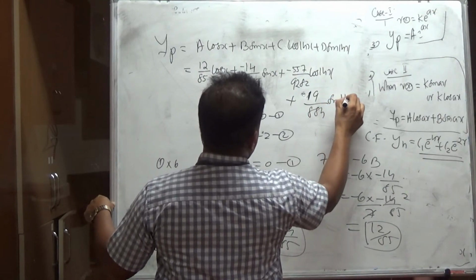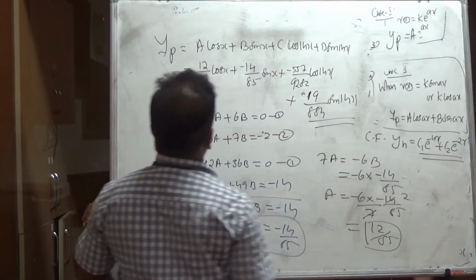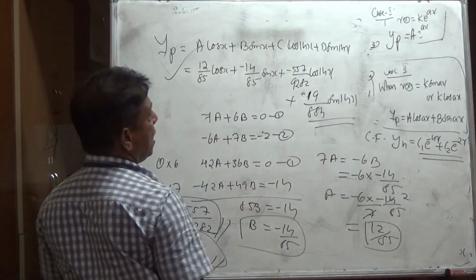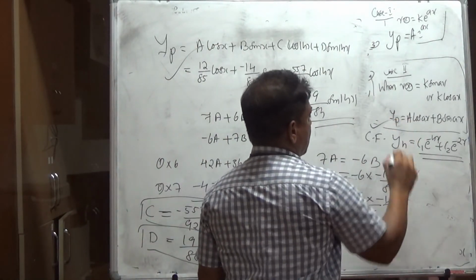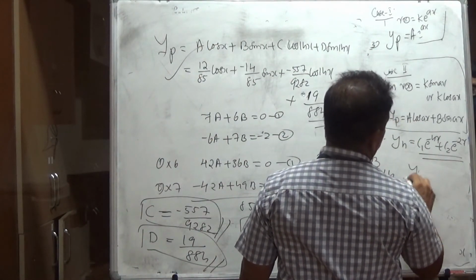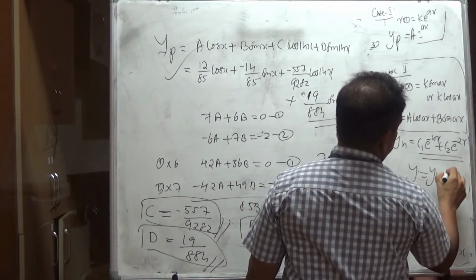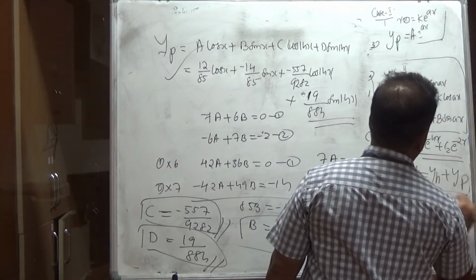This is the particular integral part, and this is the complementary part. Therefore, the final solution is y is equal to yh plus yp. This is the required result.